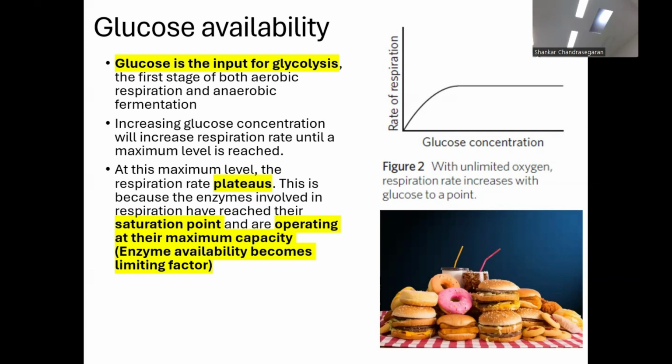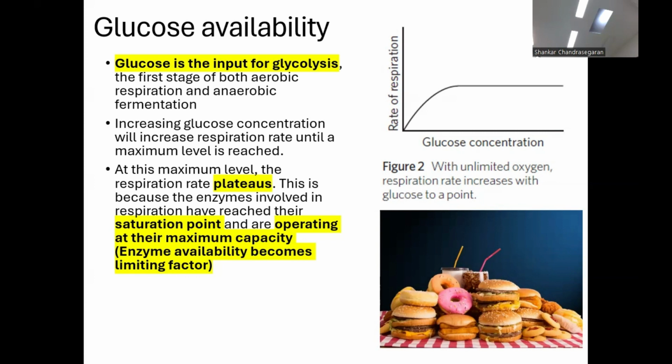Remember, it's the same with photosynthesis and it's the same with any enzyme related topics. There's always going to be a point of saturation where all the enzymes have all the glucose they need. So any more glucose you give won't change anything, right? At that maximum level, the respiration rate will plateau, as we've looked at in the past.